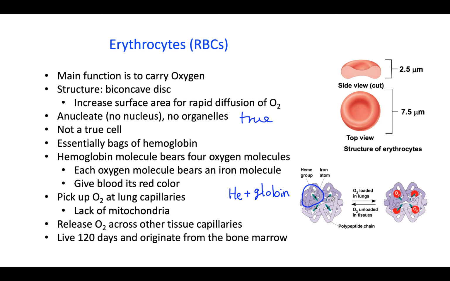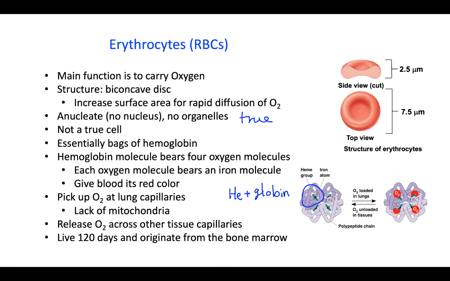Almost 97% is occupied with hemoglobin, and inside the hemoglobin there's a heme group. This heme group binds with oxygen, and this oxygen is not consumed because there's no mitochondria in the red blood cell. So oxygen just binds to the heme group, flows through the bloodstream, and is delivered to tissue cells or capillary blood.